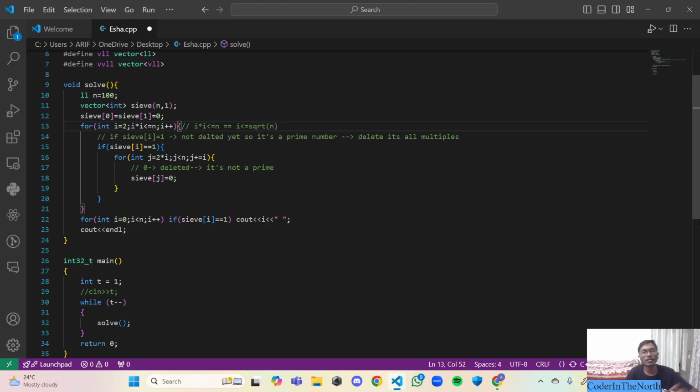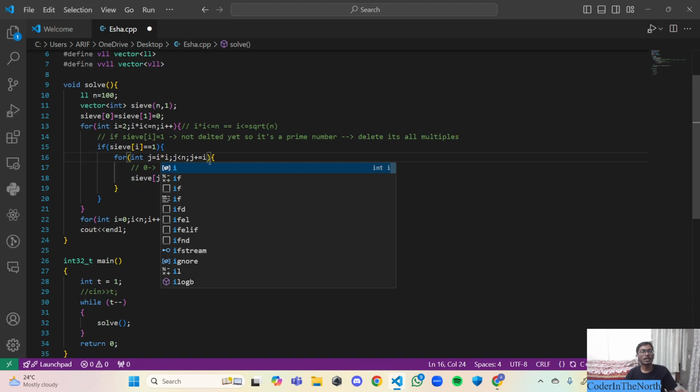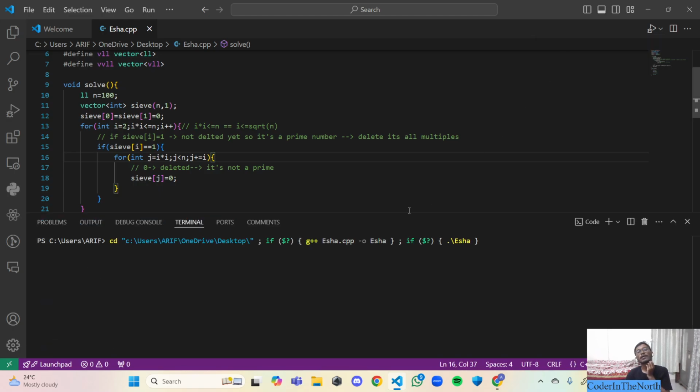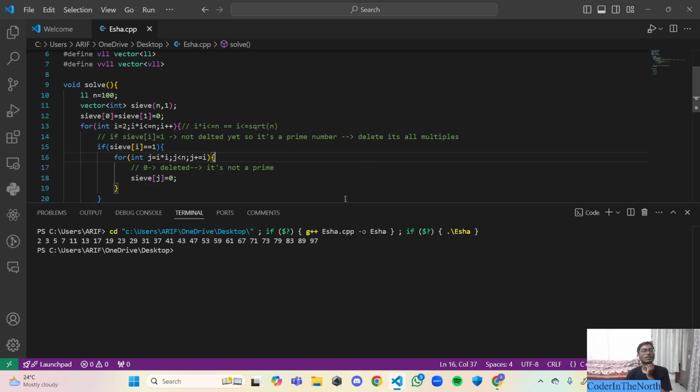These both are the same. Instead of square rooting n, we are squaring that I and then checking whether it is less than or equal to n. And here we'll start from the square. Now we'll check whether the answer comes out right or wrong with this change. Okay, you can see nothing changed.